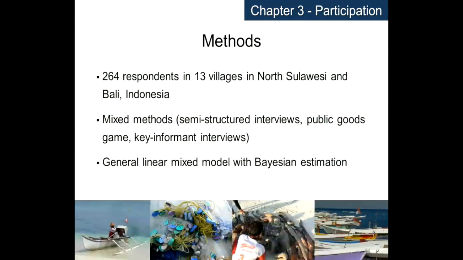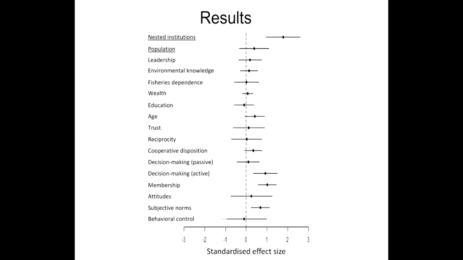So to assess the relationship between these social factors and participation, I used the generalised linear mixed model with Bayesian estimation. So again, you're looking here at effect sizes and 95% Bayesian confidence intervals or uncertainty intervals, and where those lines don't overlap this central zero line, it indicates there was strong evidence of an effect. So there's a lot going on here, so I'm just going to point out 3 key results.